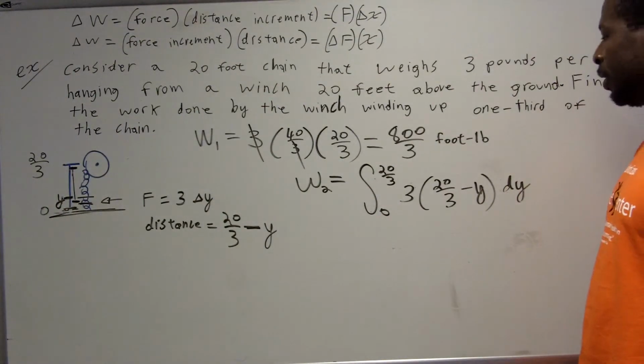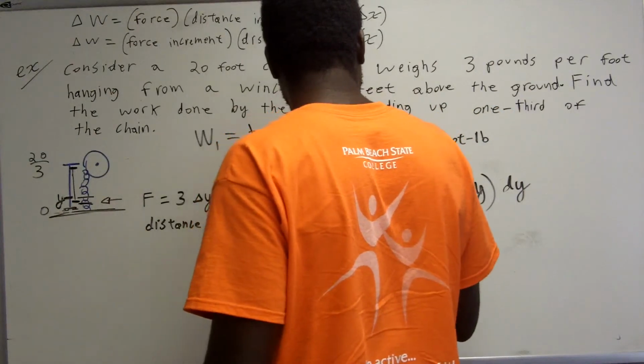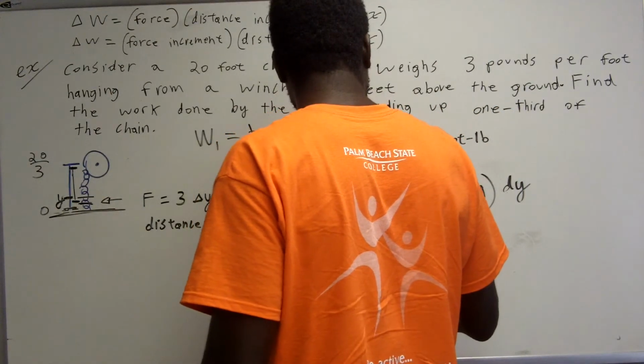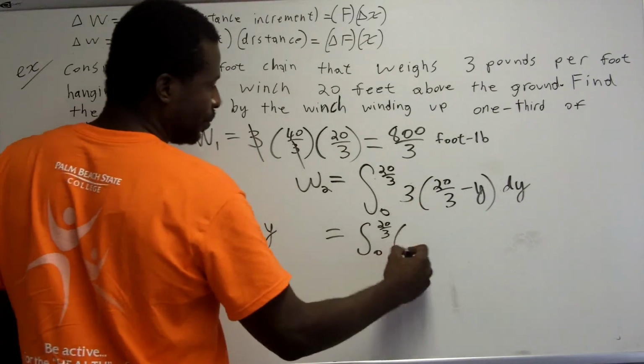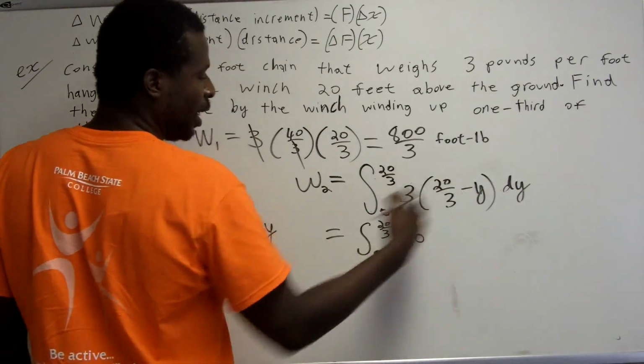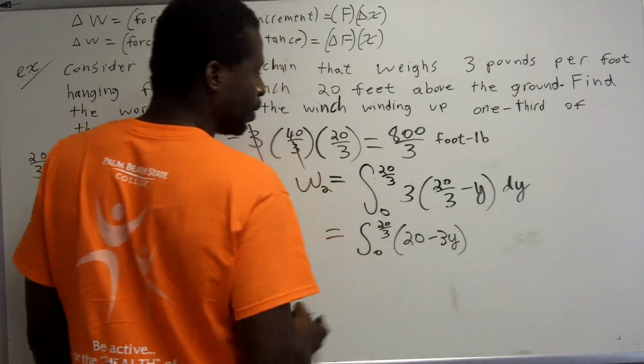Then we're going to calculate this integral. It is a little bit easier to calculate if we distribute. So we have 0 to 20 over 3, and then we distribute. We get 3 times 20 over 3 is 20, and 3 times negative y is negative 3y, dy.